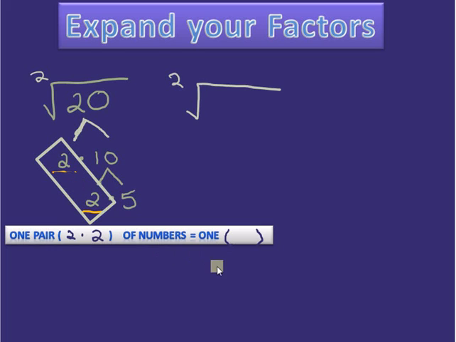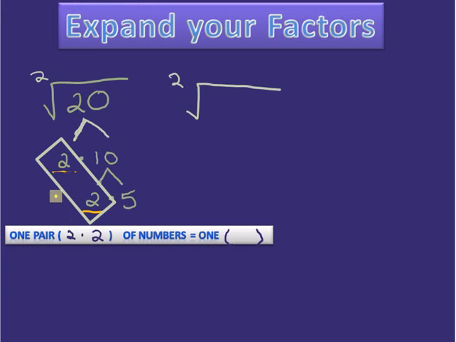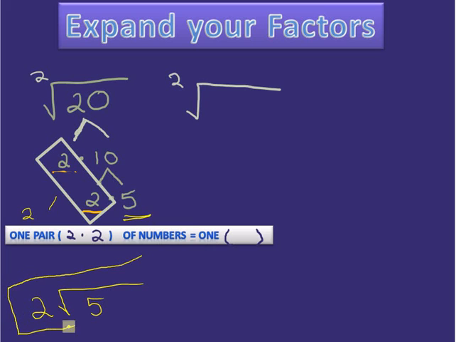So, in this example, you would only be able to pull out the one pair of 2's. So you can only pull a 2 out. If you have a number that's remaining and it doesn't have a pair, because that's what we're looking for here, it will stay inside the radical. And so now you have this, and that is your answer.